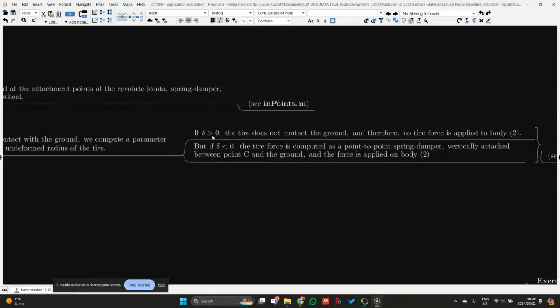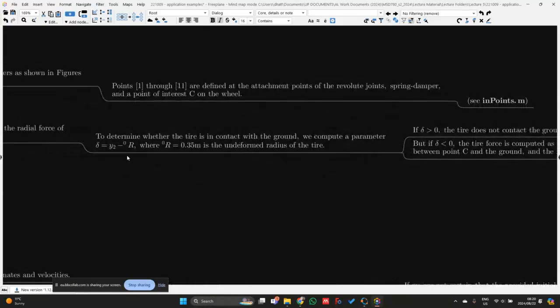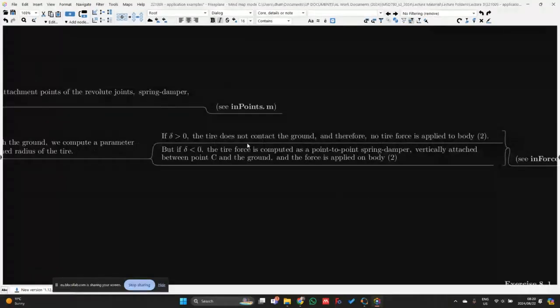So if delta is greater than 0, we know that in that case, since it's greater than 0, it means that y2 will be greater than the undeformed radius, and the tire does not contact the ground, and therefore no tire force is applied to body 2. If delta is, however, 0 or smaller than 0, the tire force is computed as a point-to-point spring damper vertically attached between point C and the ground, and the force is applied on body 2.